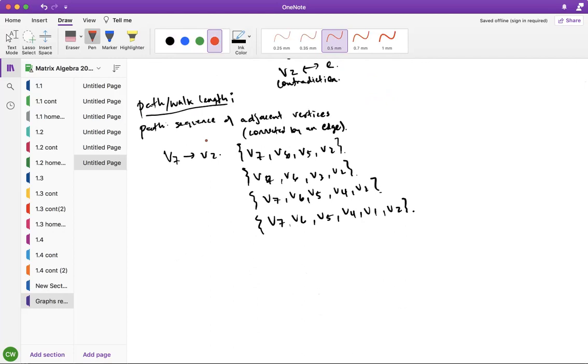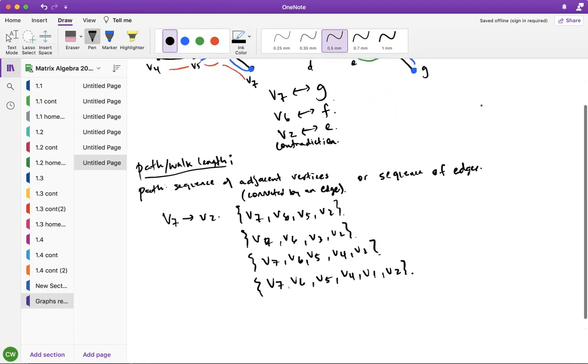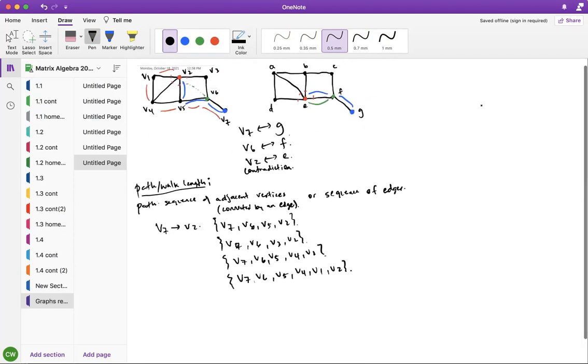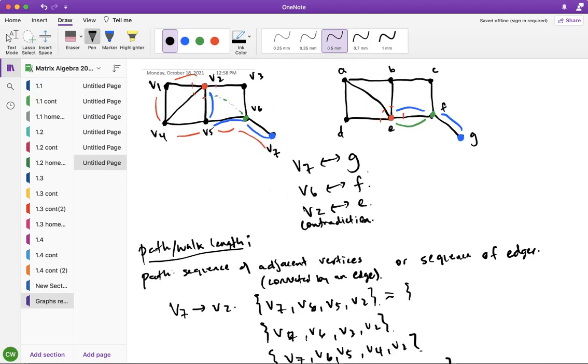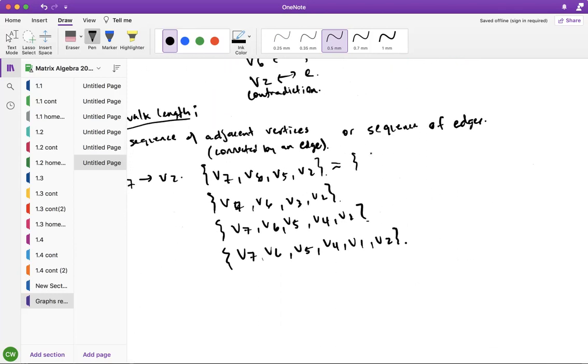You can also describe these as a sequence of edges. This one might be easier to talk about. If you have the sequence of vertices, it's easy to construct what the edge sequence must be. Edges are just adjacent vertices. So it's V7, V6, V6, V5, V5, V2.